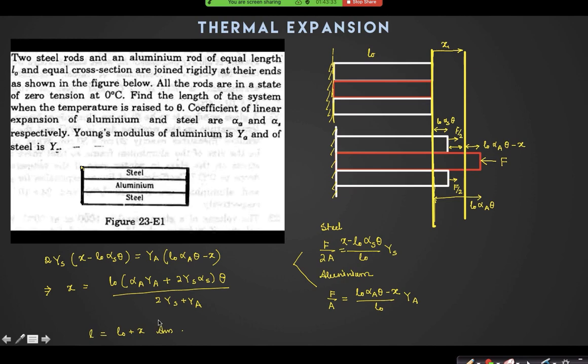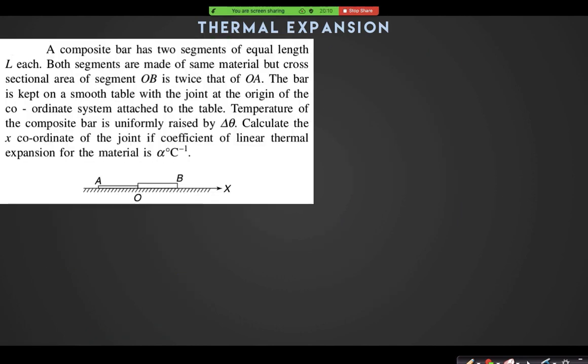Please wait. This question says a composite bar has two segments of equal lengths L each. Both segments are made of the same material, but the cross-section area of segment OB is twice that of OA. The bar is kept on a smooth floor and the joint is at the origin.